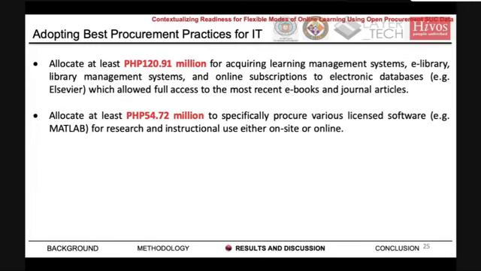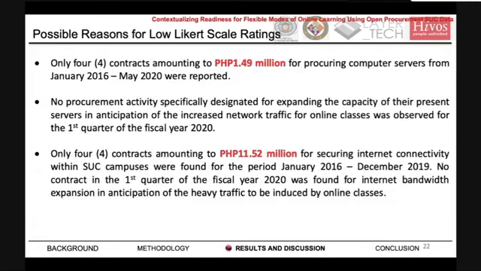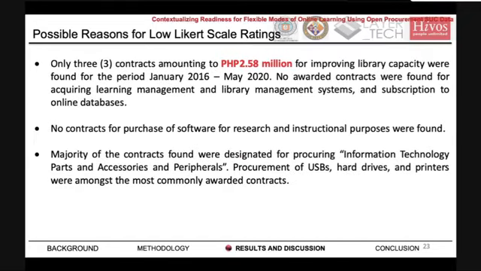And lastly, 120.91 million must be allocated for the acquisition of LMS and online subscription to databases. As compared to the partially capable, sa kanila, I believe, ilang million ba yon? 11, or no, 2.58 as compared to 14 or 120.91 million.